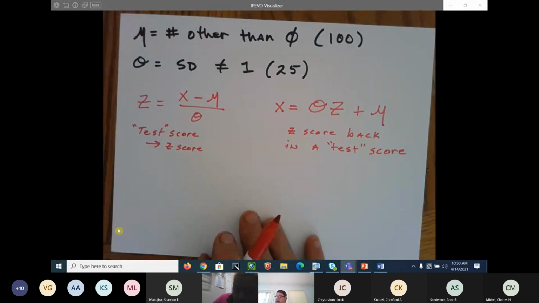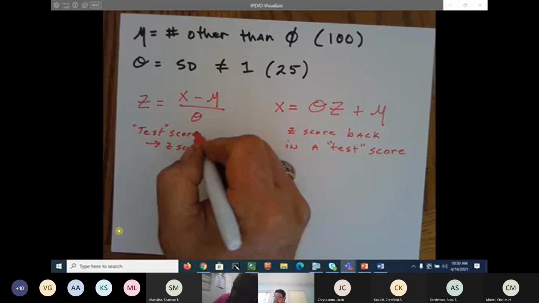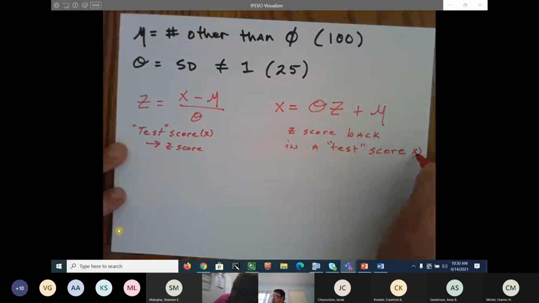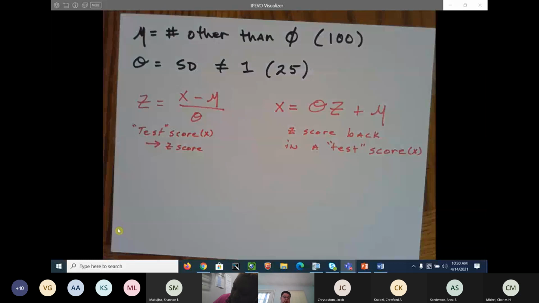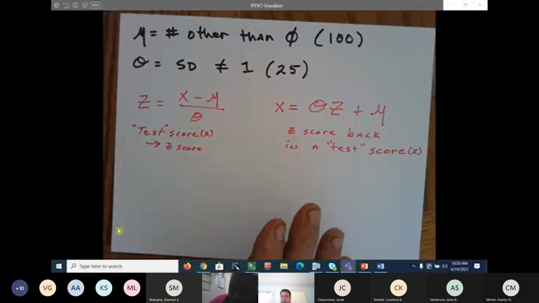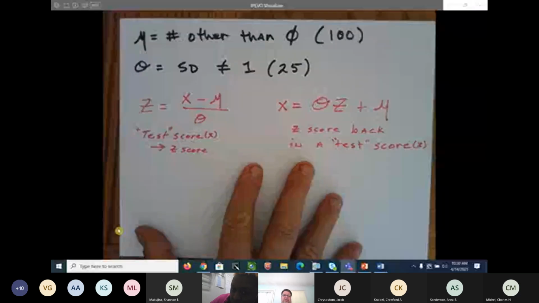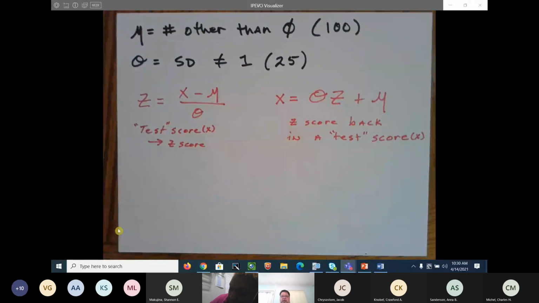X is what it's called. It can be anything that's asked in the question, and we'll get to that when we get to a question.